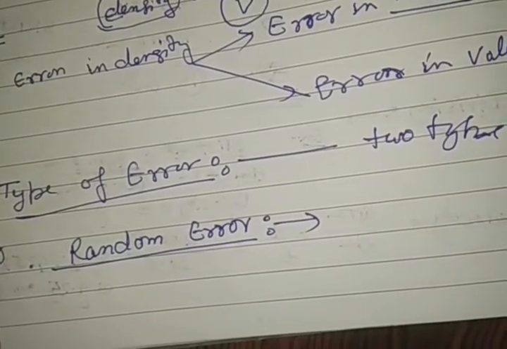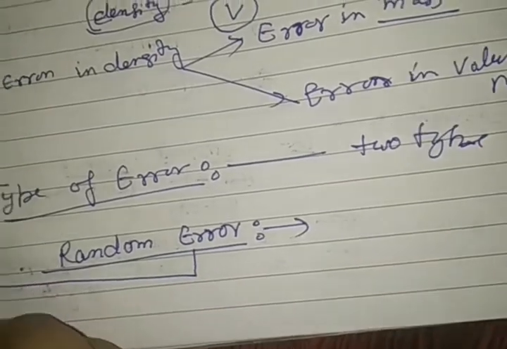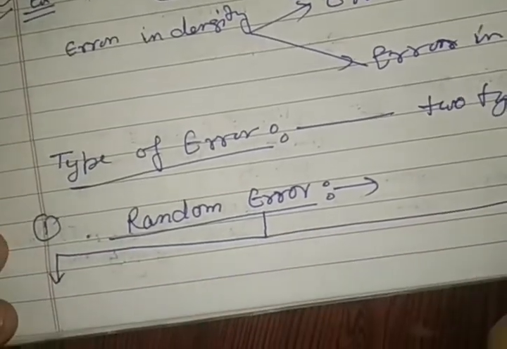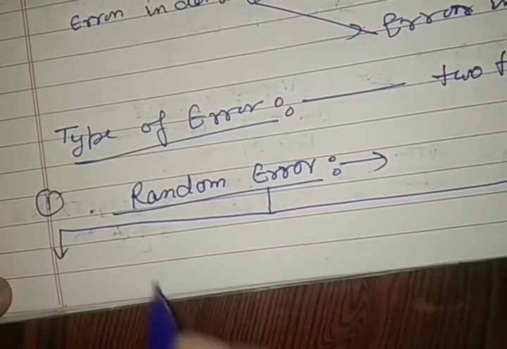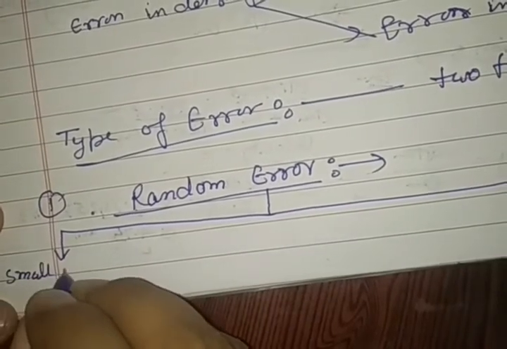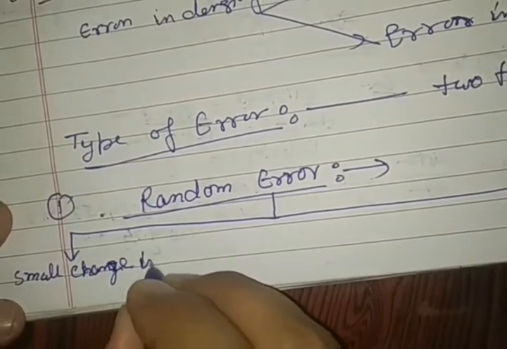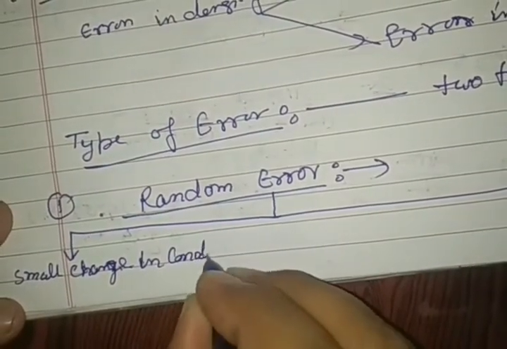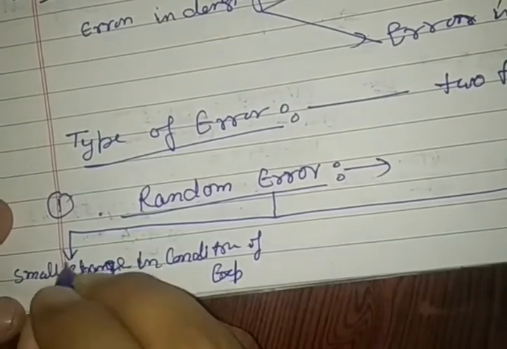This random error is due to two reasons. The reason number one is a small change in the condition of the experiment.